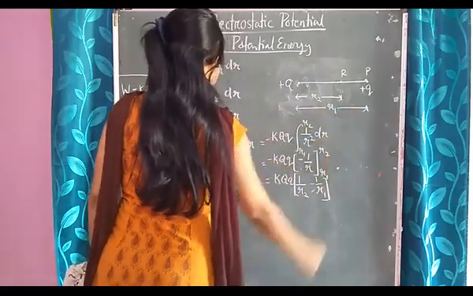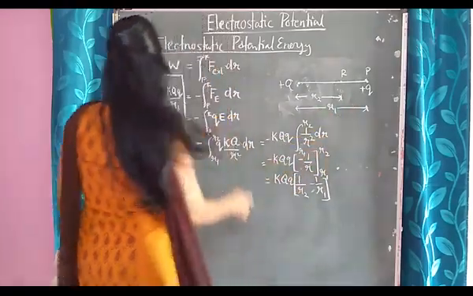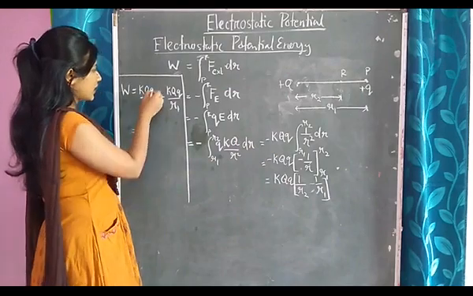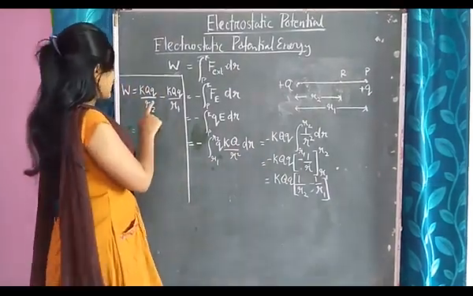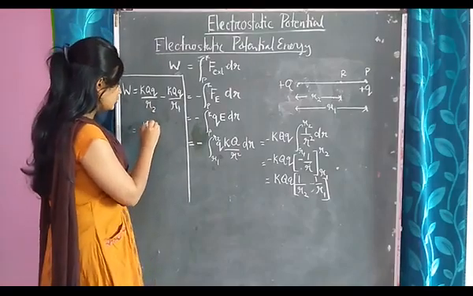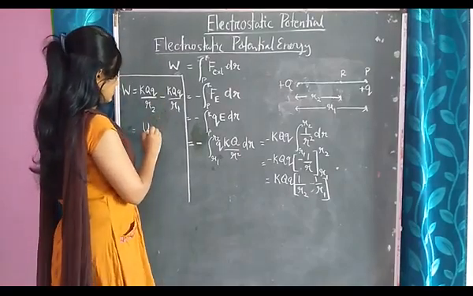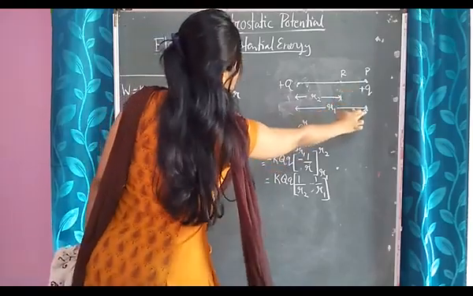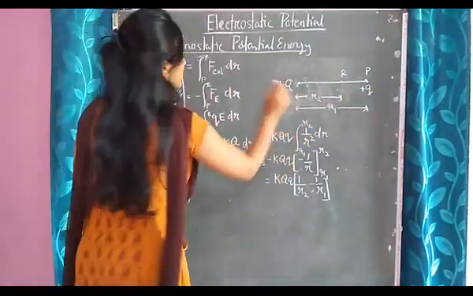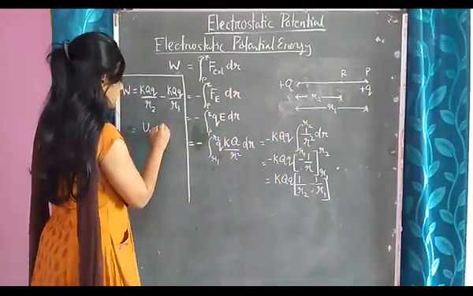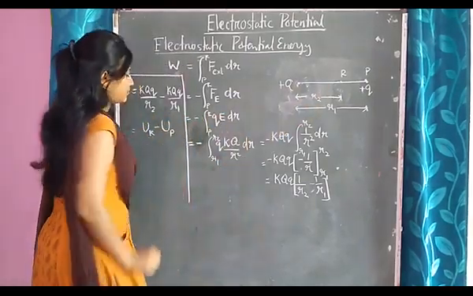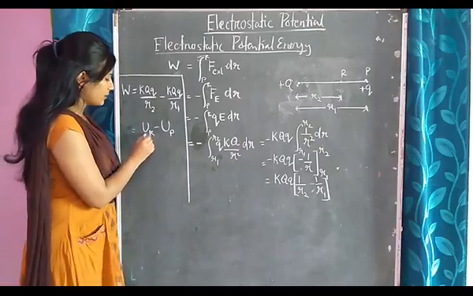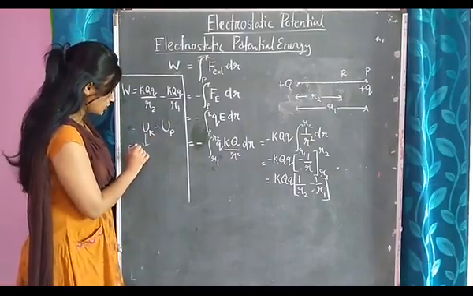We are bringing from R1. So what is this KQQ by R2? This term I will write it as U for potential energy at R minus potential energy at P. So this term is our potential.